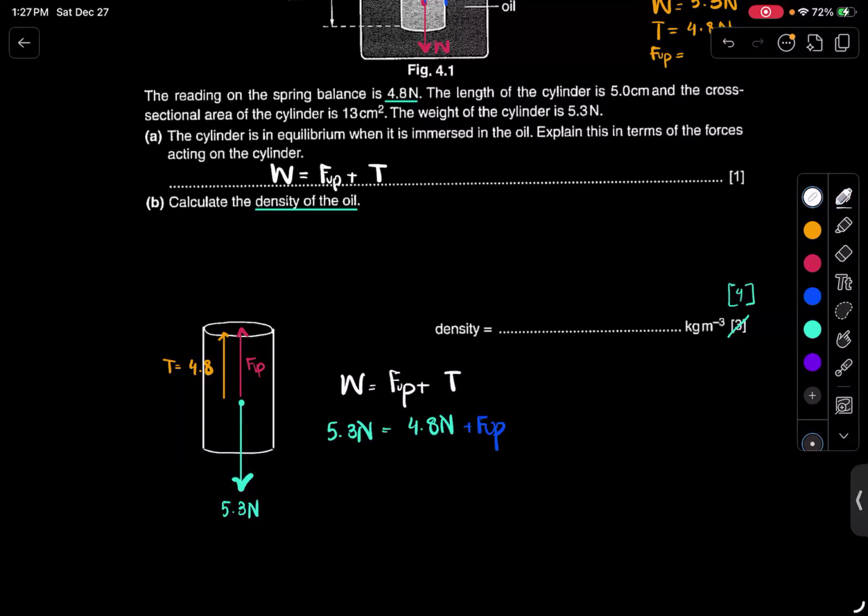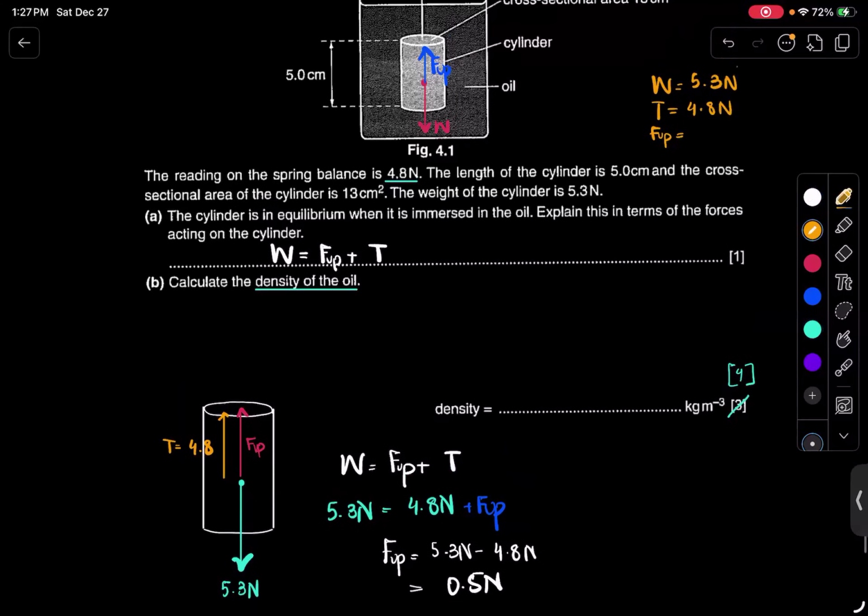Doesn't that mean that upthrust is 5.3 Newton minus 4.8 Newton? So that's just 0.5. 0.5 Newton is the upthrust.